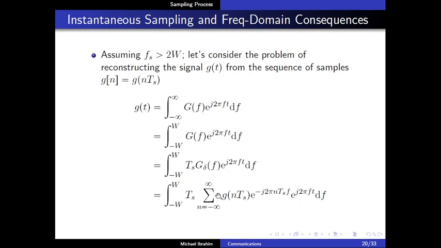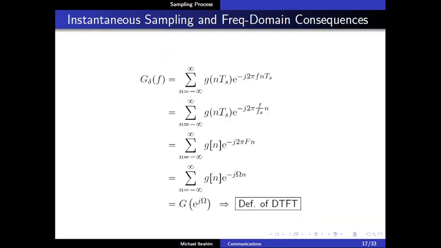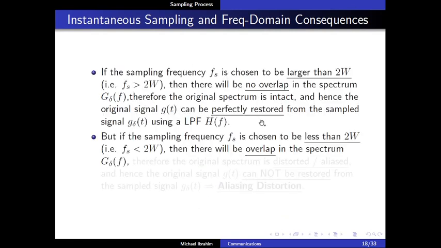Now G delta(f) is equal to the summation of g(nTs) e to the negative j2π n Ts f. This equation basically comes from the discrete time Fourier transform. If you take a closer look at the discrete time Fourier transform derivation we had here, G delta(f) is the summation of g(nTs) e to the negative j2π f n Ts.